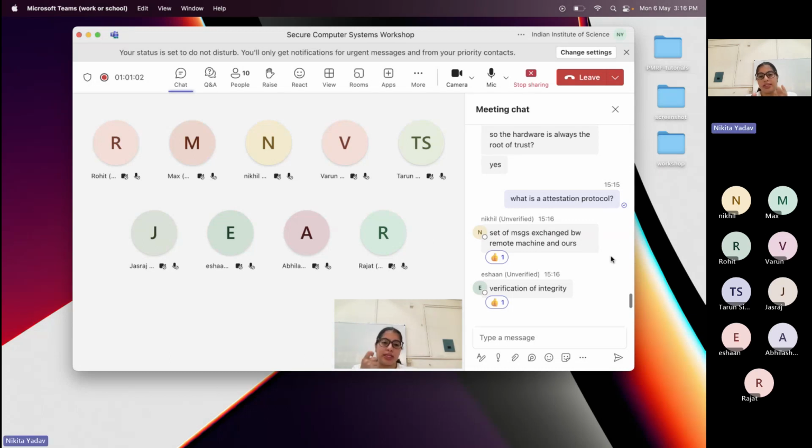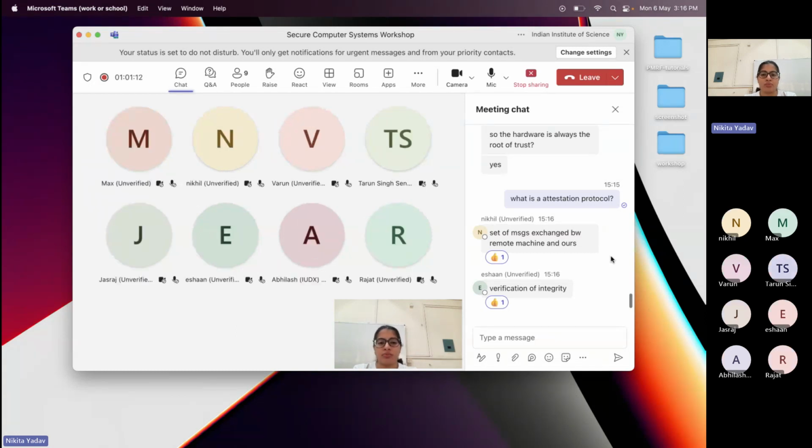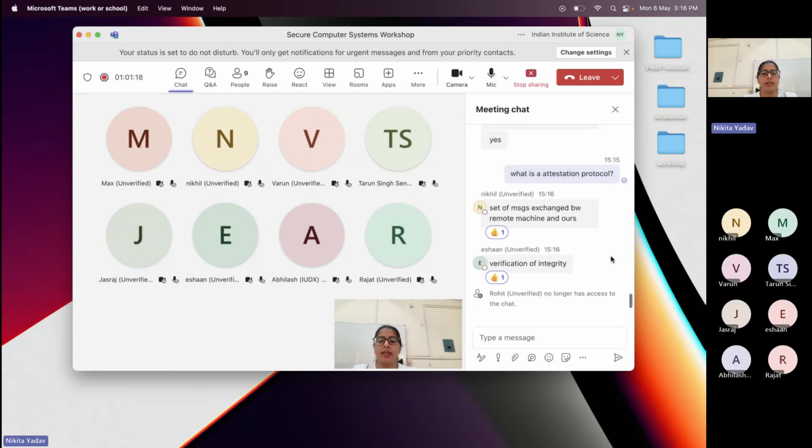Yes. So an attestation protocol is a set of messages which are exchanged between the remote machine and our machine, where the remote machine is the prover and your machine is the verifier. The goal of this message exchange is to verify some property.